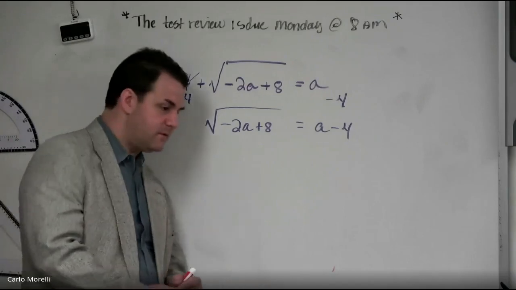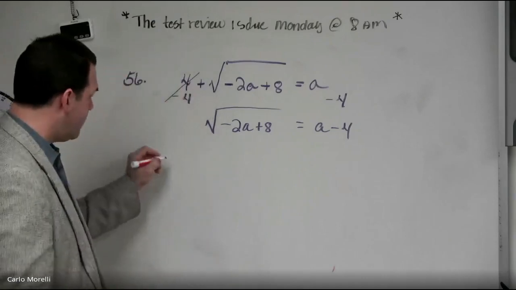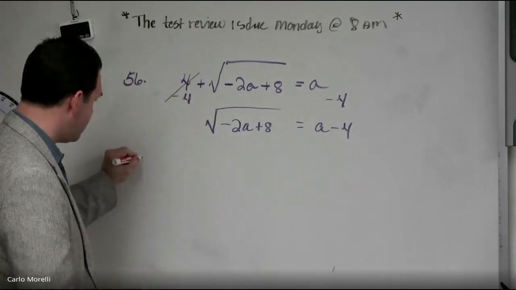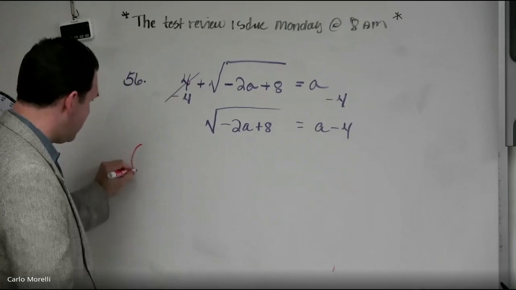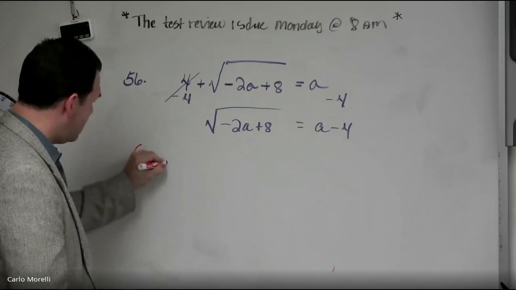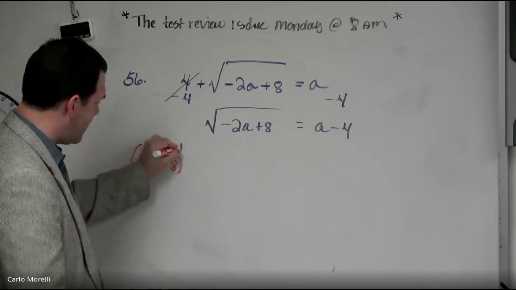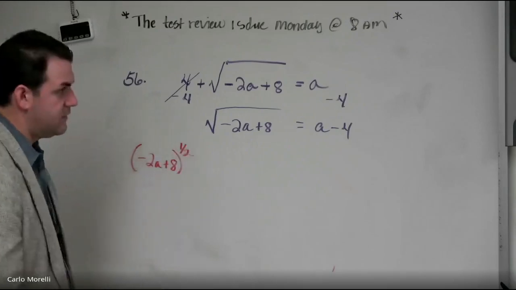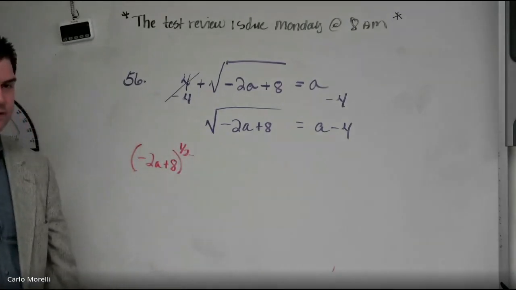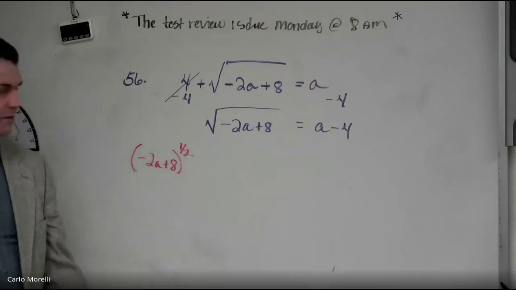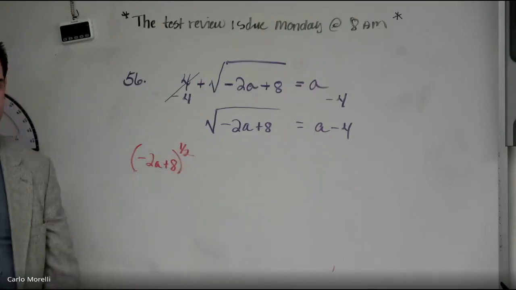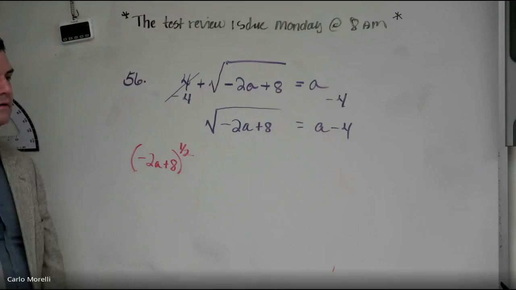Without telling you what to do, what if I told you that I could rewrite the square root of negative 2a plus 8 as open parentheses negative 2a plus 8 raised to the power of 1/2? Does that give you any idea about how we might get rid of the square root? Because it's the same thing as the square root. Distribute?